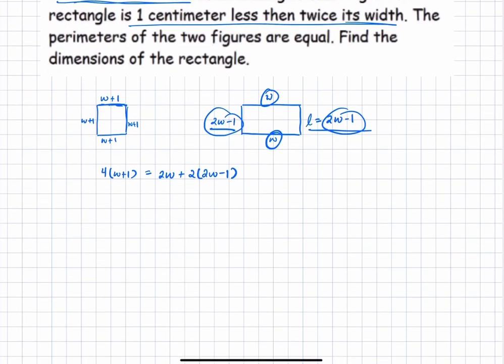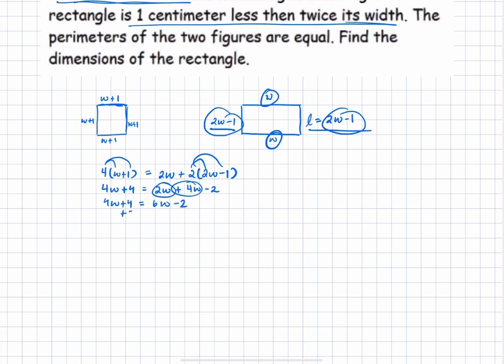And we're trying to solve for W. Distribute the 4, so 4W plus 4 equals 2W plus distribute the 2, so 4W minus 2. Group the like terms, so 4W plus 4 equals 6W minus 2.